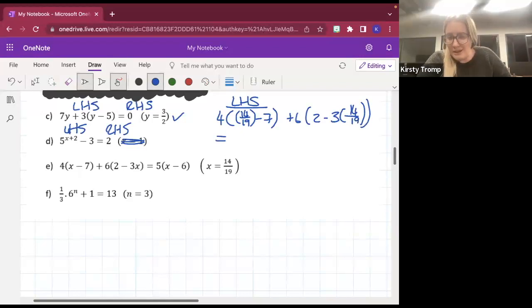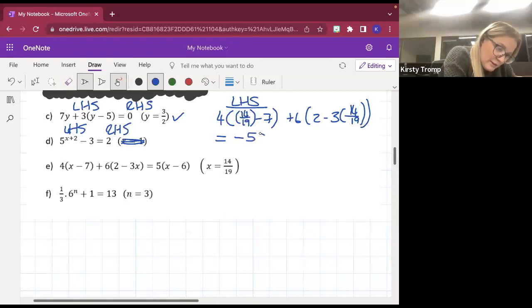Tell me, what do we get on the left-hand side when you put that into your calculator, guys? You get negative 500 over 19.